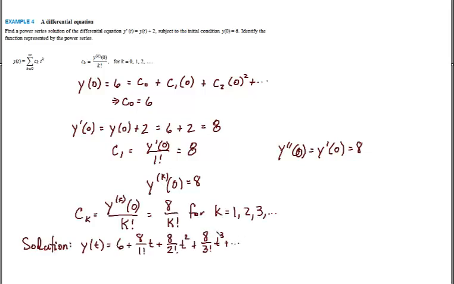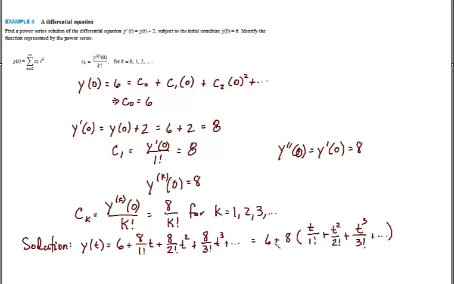Alright, so this is what we get as our general solution, and we'd like to summarize this and see what this is really equal to. So let's pull the 8 out, and I could write that this is 6 plus 8 times t over 1 factorial plus t squared over 2 factorial plus t cubed over 3 factorial plus and so on. Now if I had a 1 plus in here, it would really make it nice.